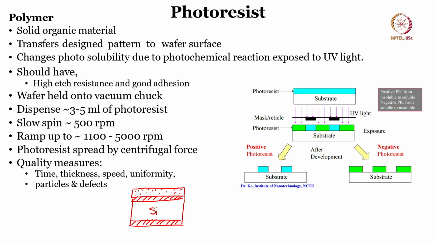Now, I perform photolithography and my photoresist is here. This is my photoresist. This is aluminum. After performing the photolithography process, we have a pattern.